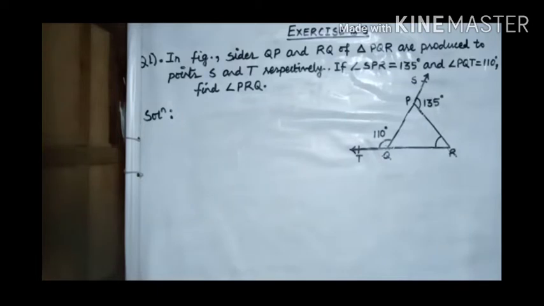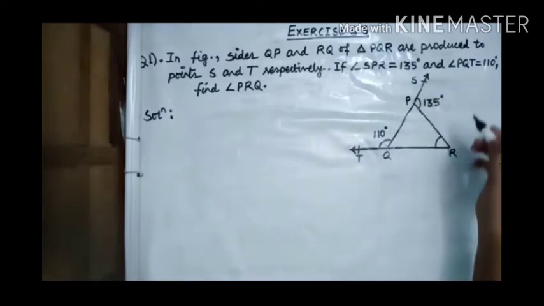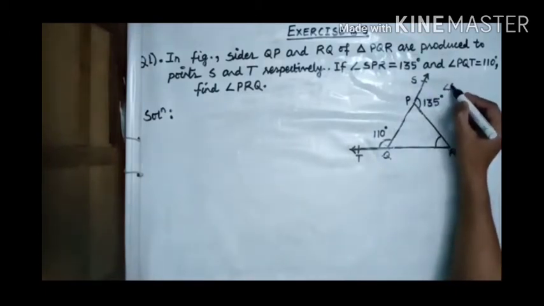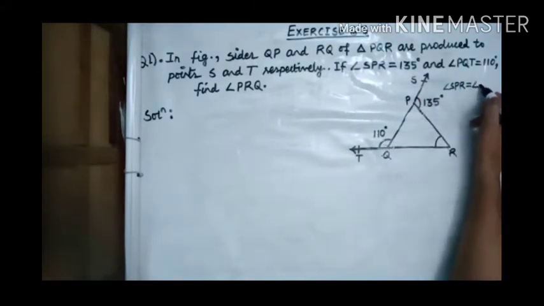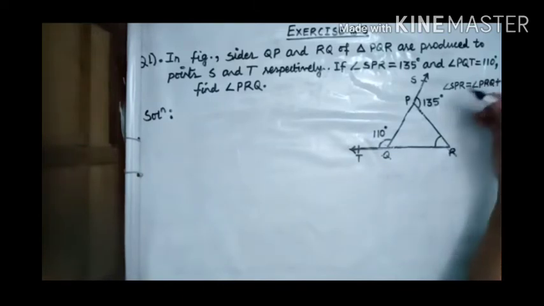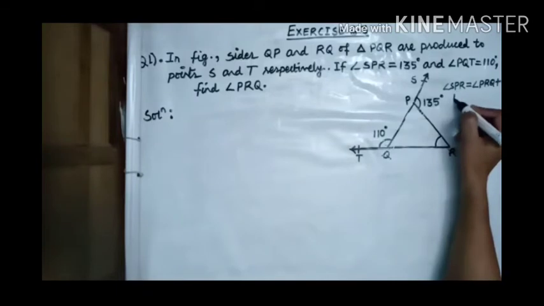And by exterior angle property, each of these two exterior angles could be expressed as the sum of their two interior opposite angles. It means angle SPR equals angle PRQ plus angle PQR.